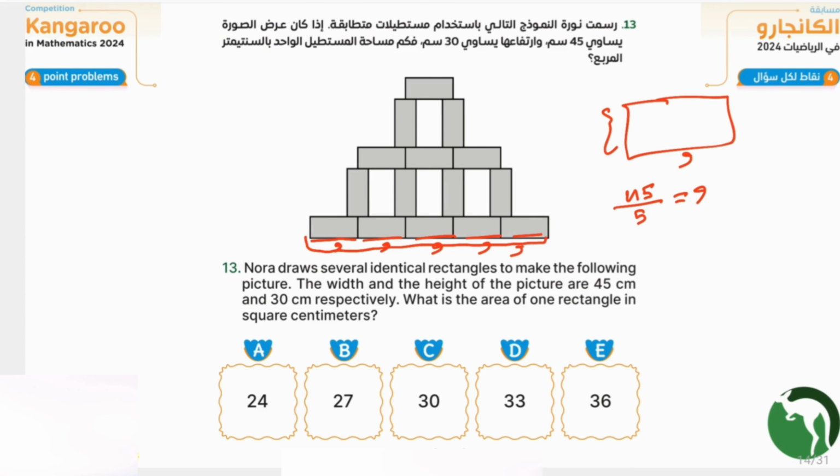So now we have another piece of information telling us that the height of the whole picture is 30 centimeters. So let's label this required part here as X. So we have X, 9, X, 9, and X. Now we have 3x plus 2 times 9, which is 18, equal to 30.